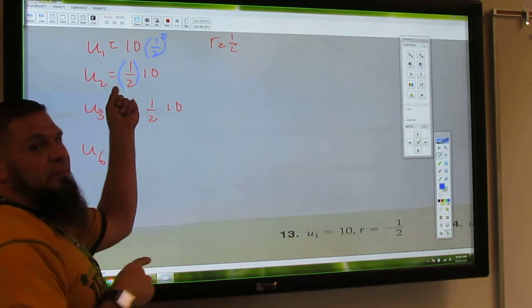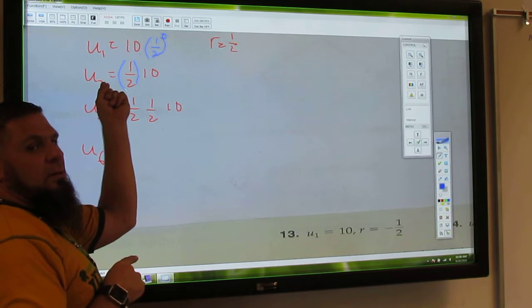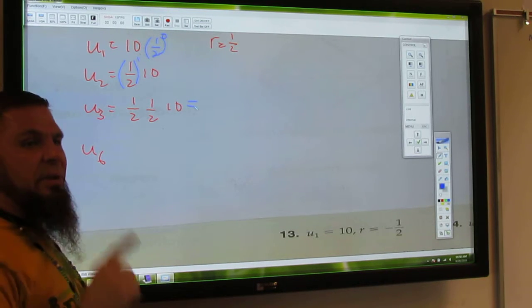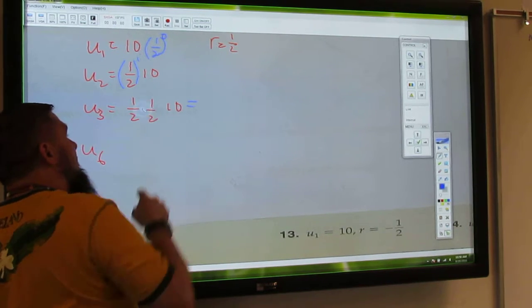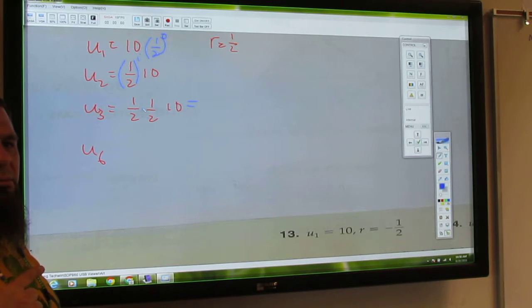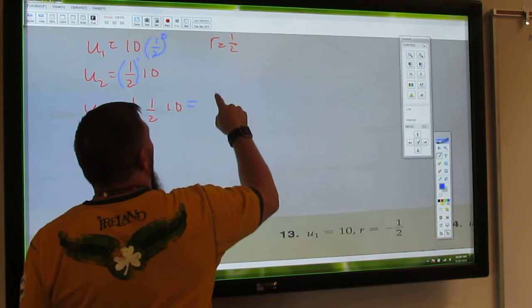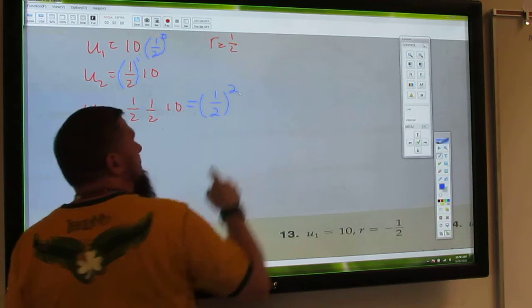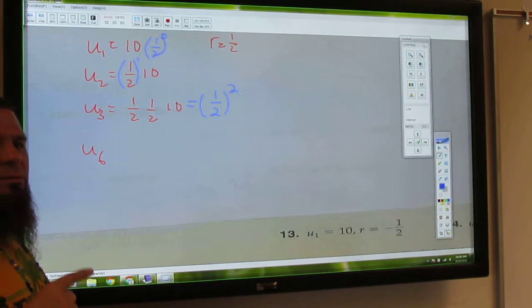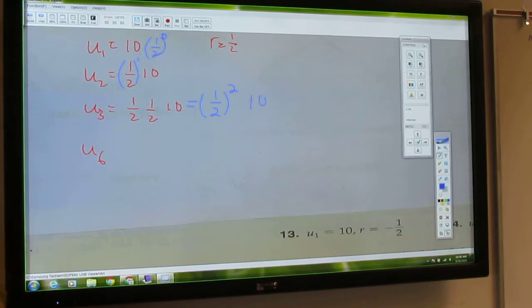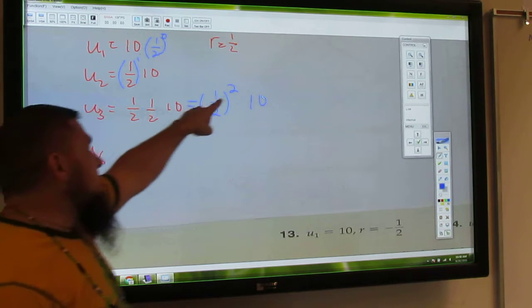How many halves are there? 2. Yes. So I got 1/2 squared times 10. Now remember, this u is sub 3, but this is 2.